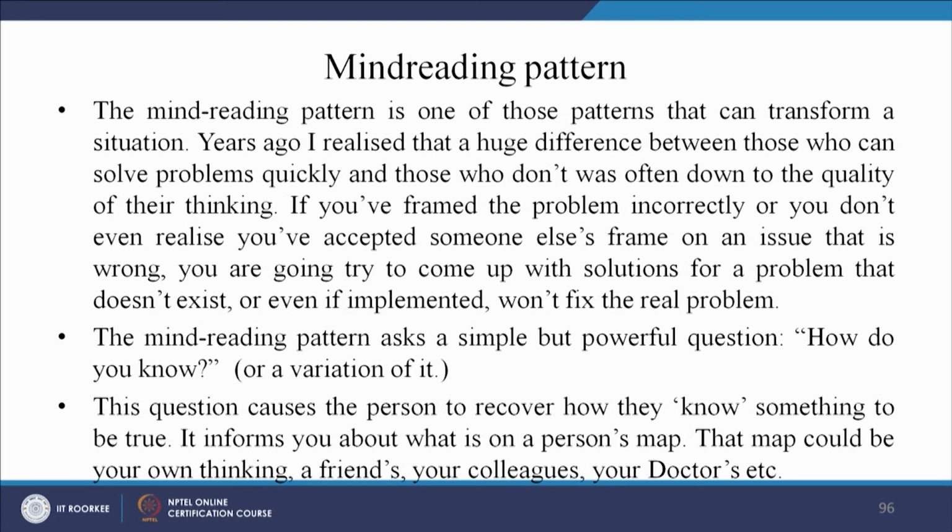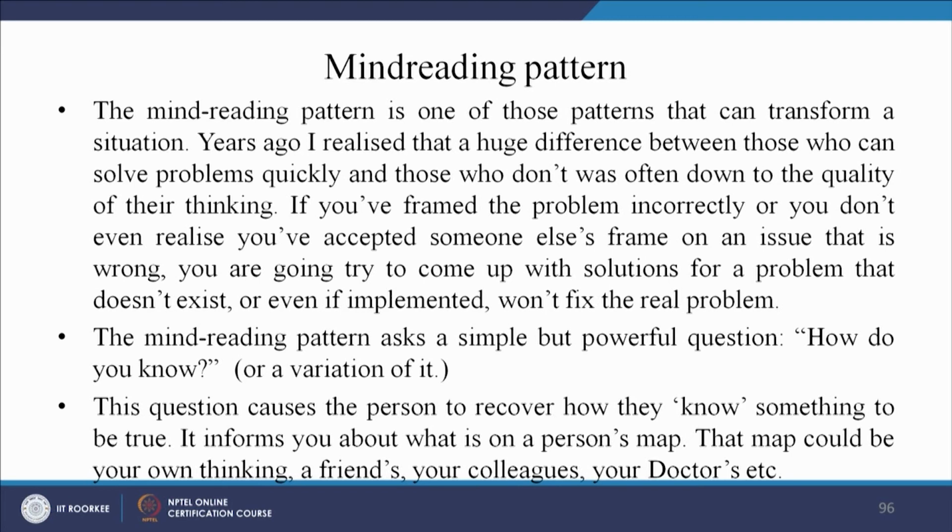The mind reading pattern asks a simple but powerful question: how do you know? Or a variation of it. This question causes the person to recover how they know something to be true. It informs you about what is on a person's map.